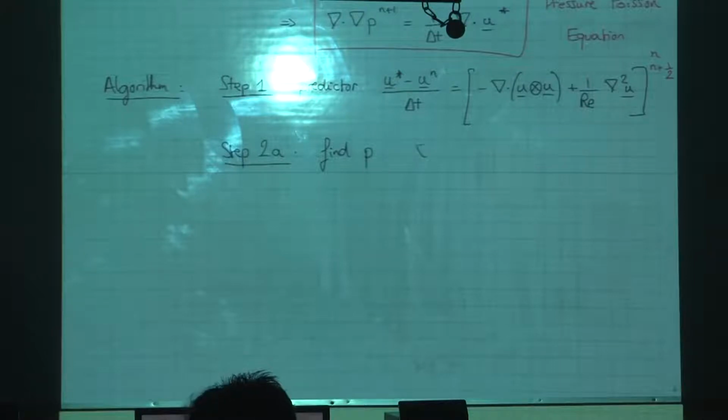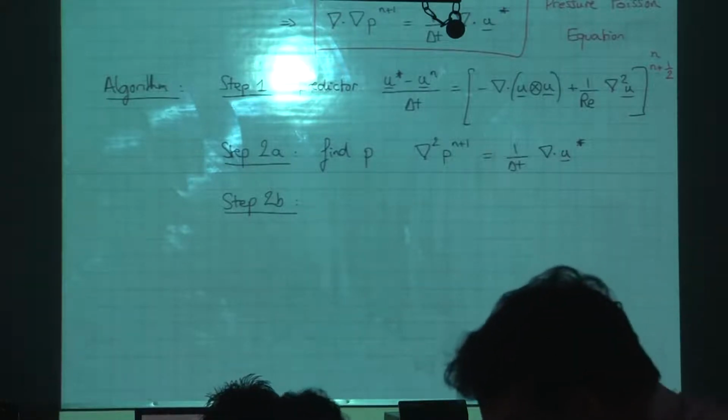Well, we just said what it was. We need to solve the Laplacian of the pressure equal to 1/delta t times the divergence of the velocity u star that we've just generated in step one. Then step 2b is going to be bringing everything together. I have my predicted velocity.